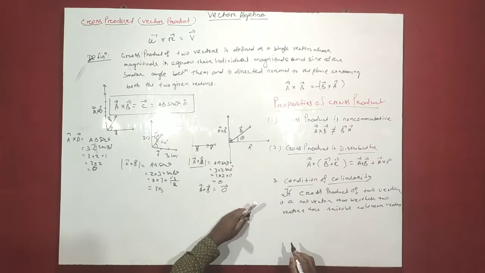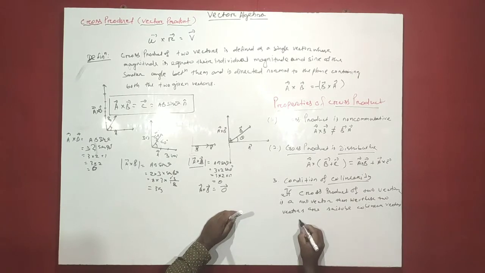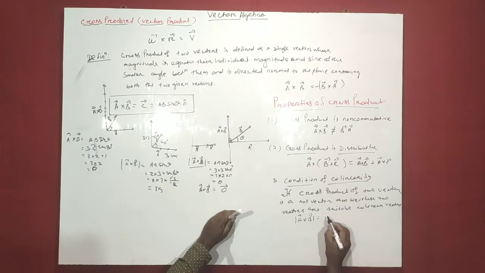That means the magnitude of A cross B is equal to 0. That is, AB sin theta is equal to 0.